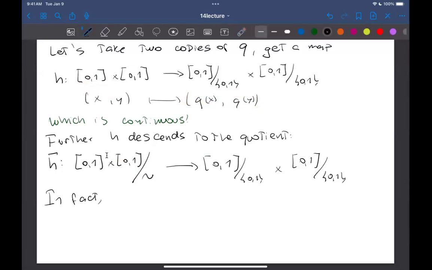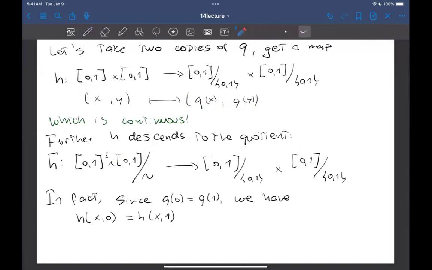But that's not very hard, since Q(0) is Q(1). We know that H(0, y) is going to be the same as H(1, y), because Q(0) is the same as Q(1). That's one thing we have. And also the same for x's: H(x, 0) is the same as H(x, 1).